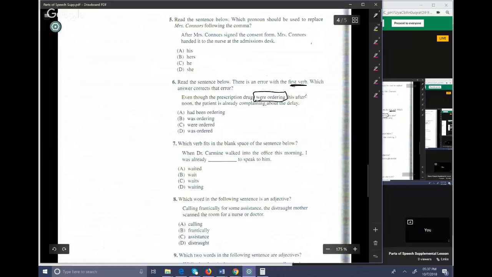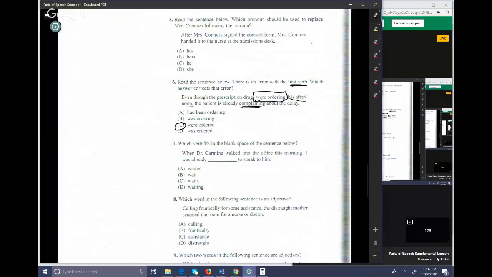So that's going to be were ordered because this afternoon is in the past and the patient is complaining even though the order has been placed already. So even though the prescription drugs were ordered this afternoon.